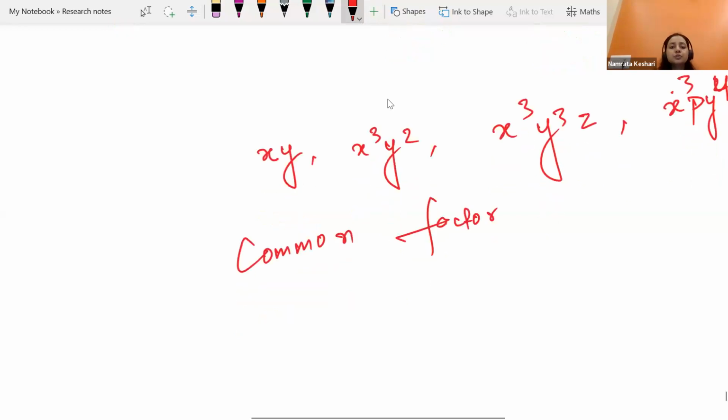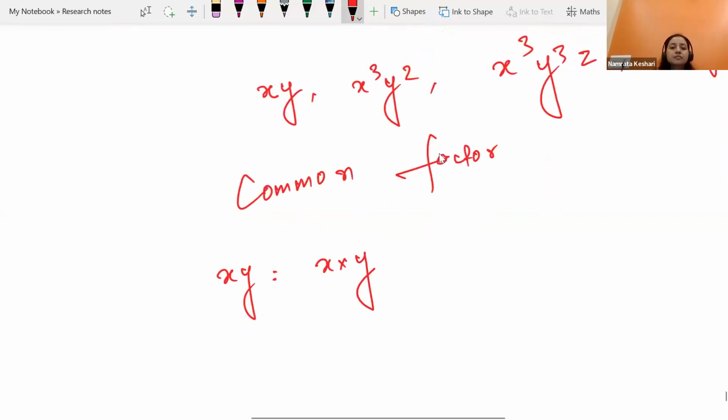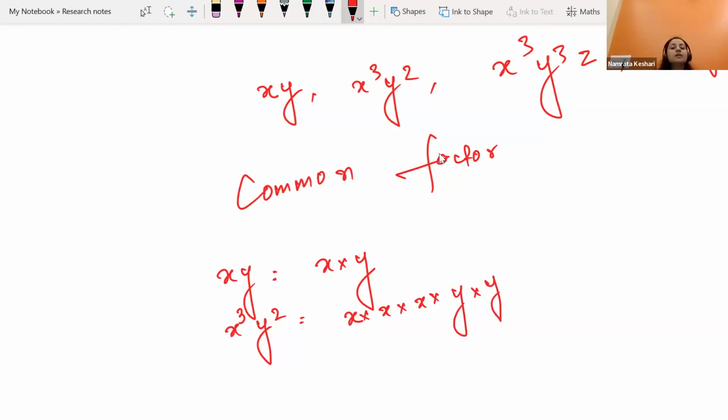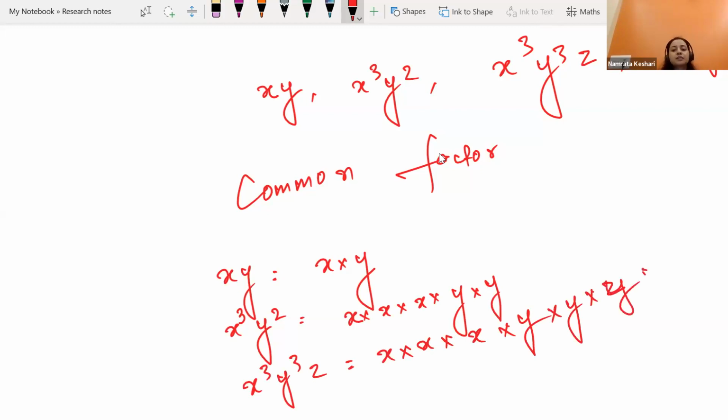Then what we used to do? Xy means x into y. X cube y square means separately we used to do. That time addition subtraction concept was not introduced. X cube y means x into x into x into y. x cube y cube z means x into x into x, y into y into y into z.